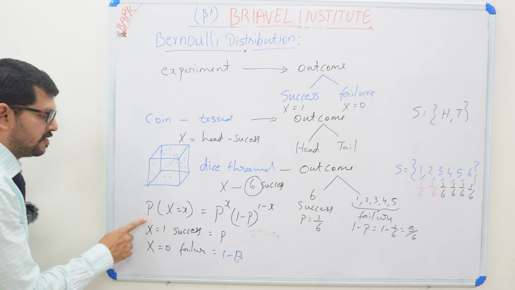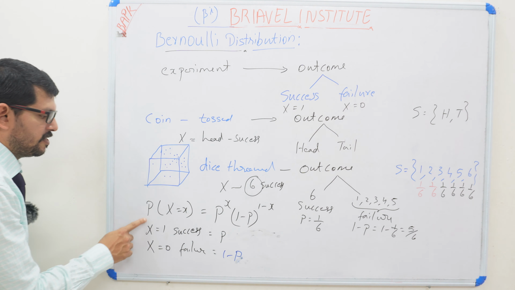We can check some other example, basketball shooting. So what will be the possibilities for basketball shooting? Many players are there playing basketball.